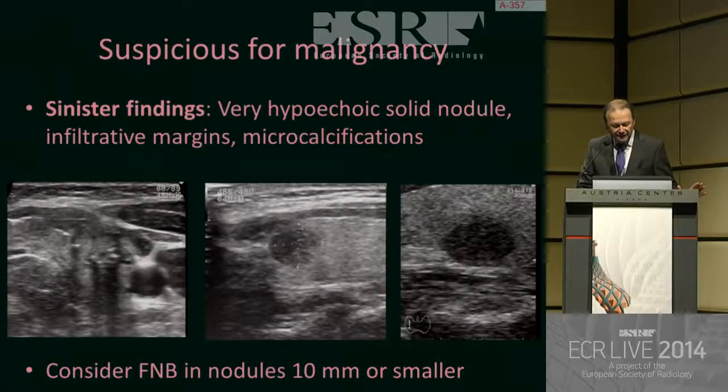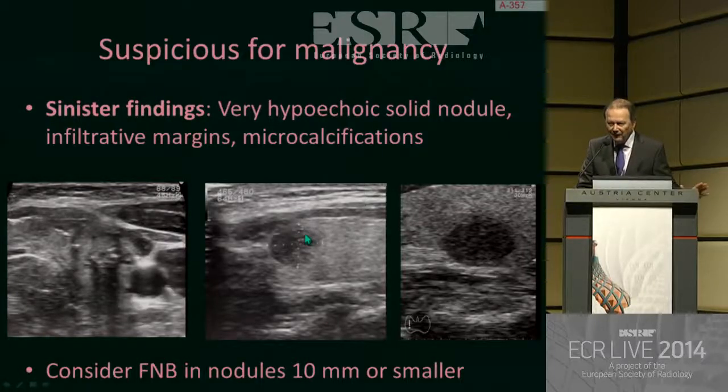On the other hand, there are findings suspicious for malignancy. I think that these are the most suspicious findings. Microcalcifications, infiltrative spiculated borders is an important finding in my experience, because most of the time the nodules have not well marginated borders, and it doesn't mean spiculated.